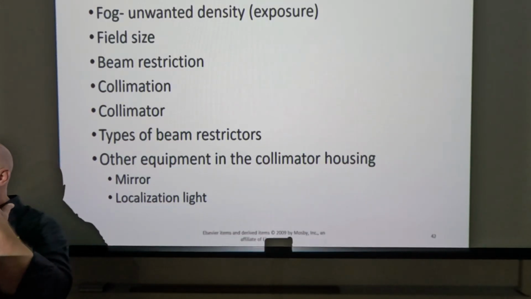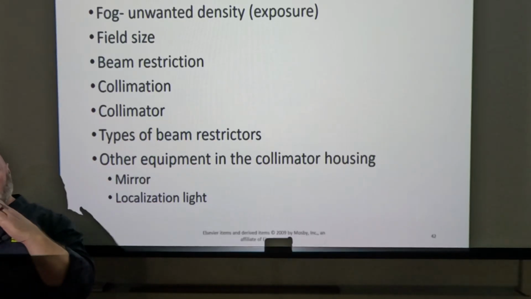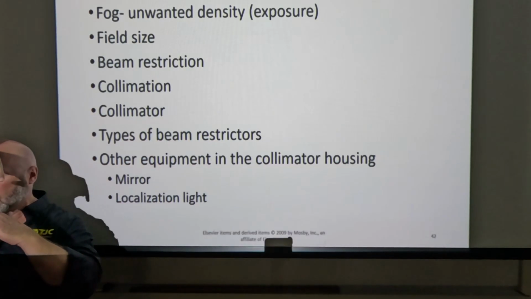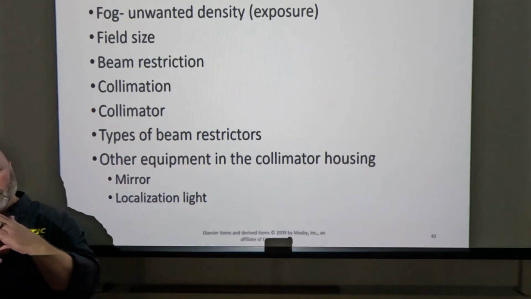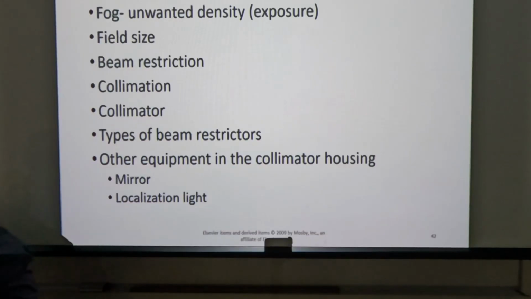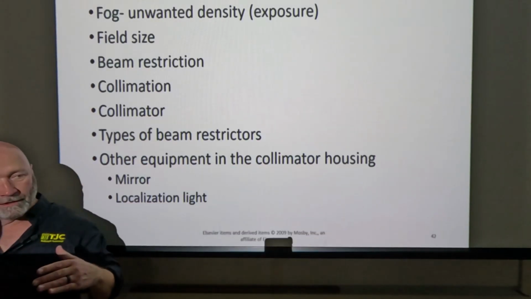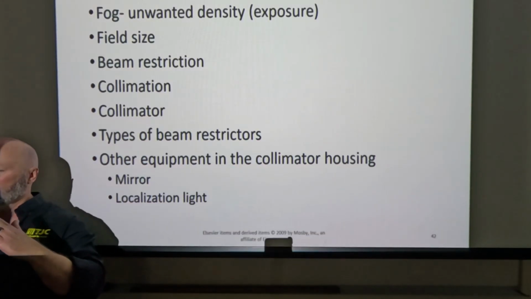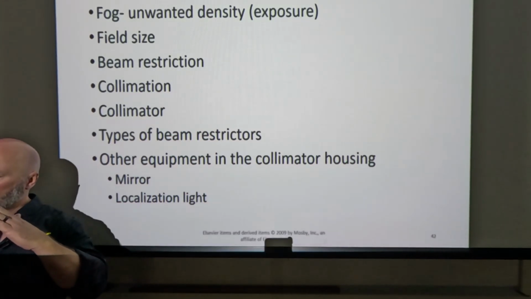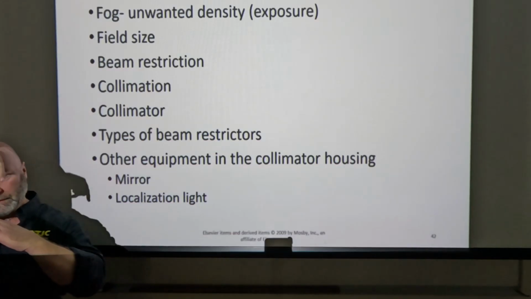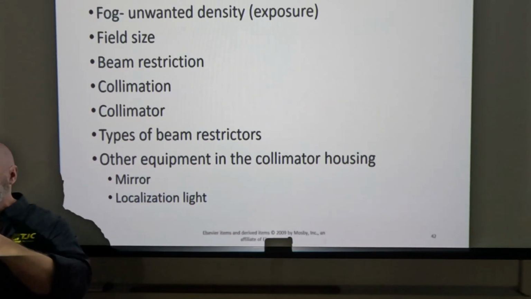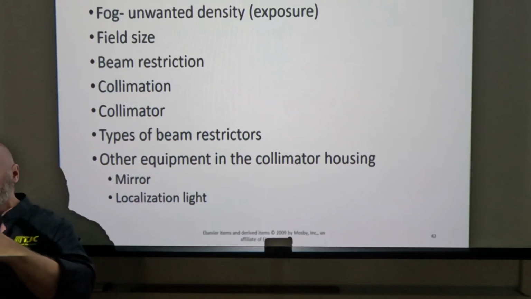But the mirror is mounted on a perfect 45-degree angle, and the light is off to the side. The X-ray beam is coming through the back of the mirror. We can't put the light in the radiation beam, or we'd have a light artifact in every X-ray we create, right? So it's got to be off to the side. The mirror has to be at a perfect 45-degree angle to the radiation field, and also to the light, so that the light will be reflected at a perfect 90-degree angle.